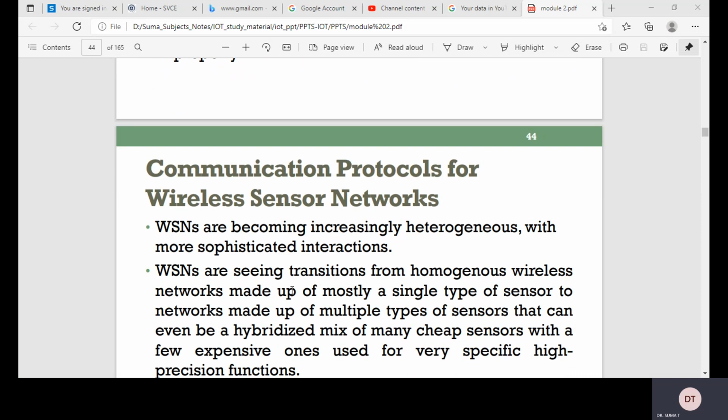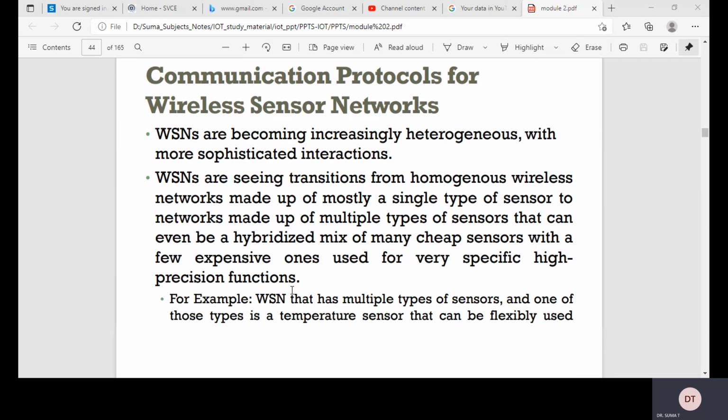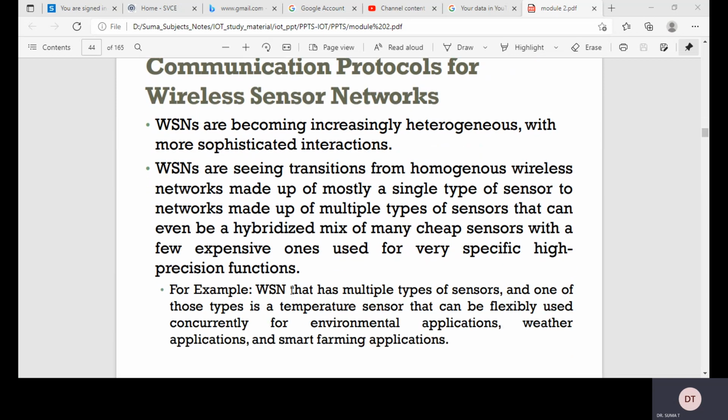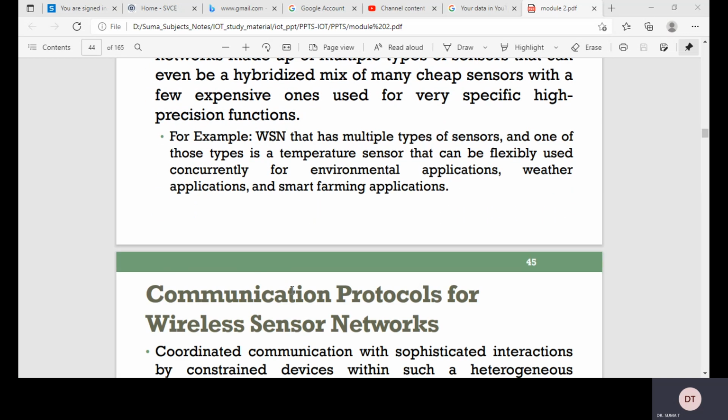Wireless sensor networks are seeing transitions from homogeneous wireless networks made up of mostly a single type of sensor to networks made up of multiple types of sensors that can even be a hybridized mix of many cheap sensors with a few expensive ones used for very specific high precision functions. For example, a WSN has multiple types of sensors and one of those types is temperature, which can be flexibly used concurrently in environmental applications and smart farming applications also.